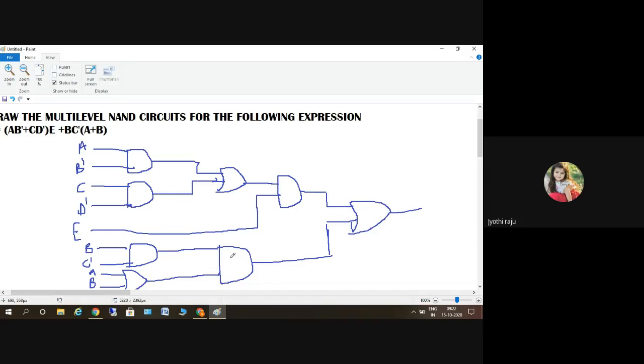Yes, sir. So next, what we have to do? We have to convert these AND gates to AND invert and OR gates to invert OR. Those are nothing but the NAND gates. AND invert gives the function of a NAND gate, and invert OR also gives the function of a NAND gate. So first give the bubbles here.